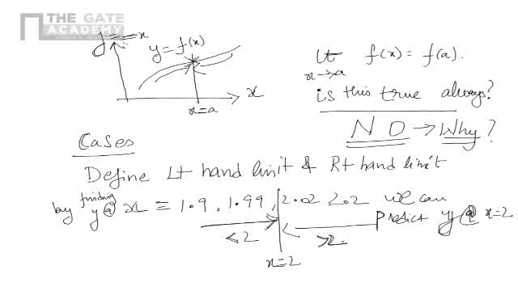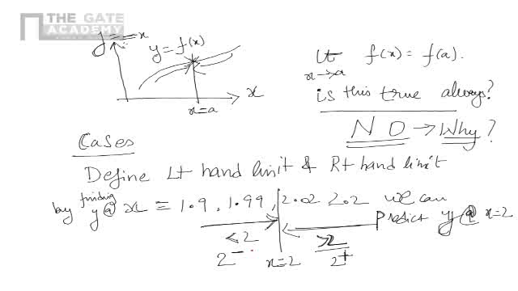That is, we are coming from 2.3, 2.2, 2.1, 2.01, 2.001 like that, approaching 2. So here it is always greater than 2, so I will say this is the 2 plus region. And this is always less than 2, so I will call this the 2 minus region.